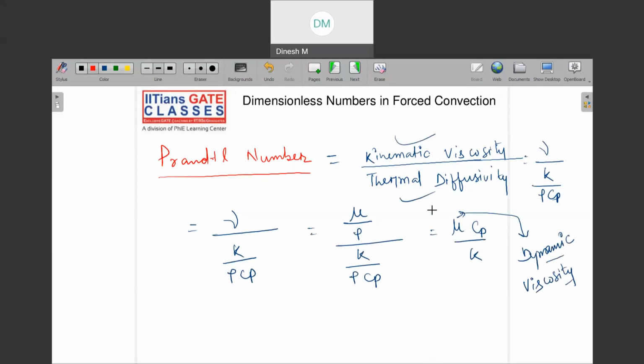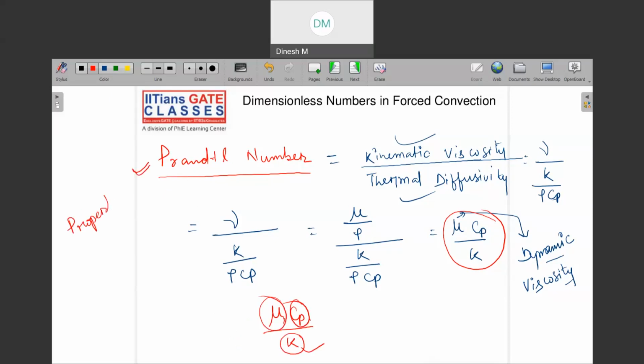Then let us understand one very interesting phenomenon about this Prandtl number. Can you see, what we have is mu Cp upon K. K is a property of the given substance. Cp is also a property, and mu, the dynamic viscosity, is also a property itself. So Prandtl number will also become a property only.